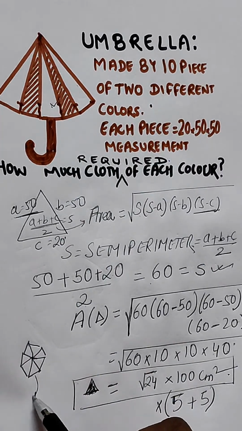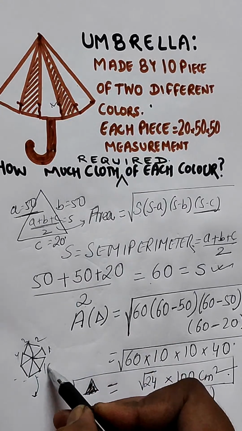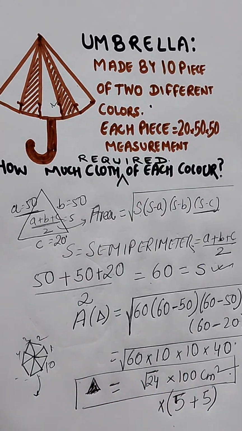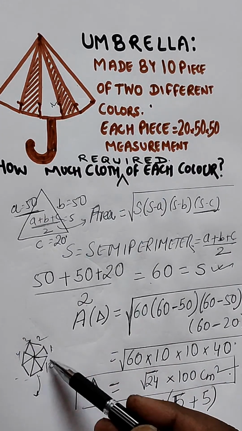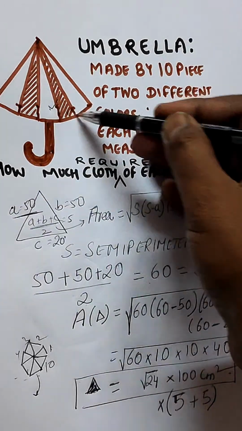So this is the umbrella. If these are the pieces 1, 2, 3, 4, up to 10 pieces of triangular cloth, then these are all stitched together to form an umbrella like this, right?